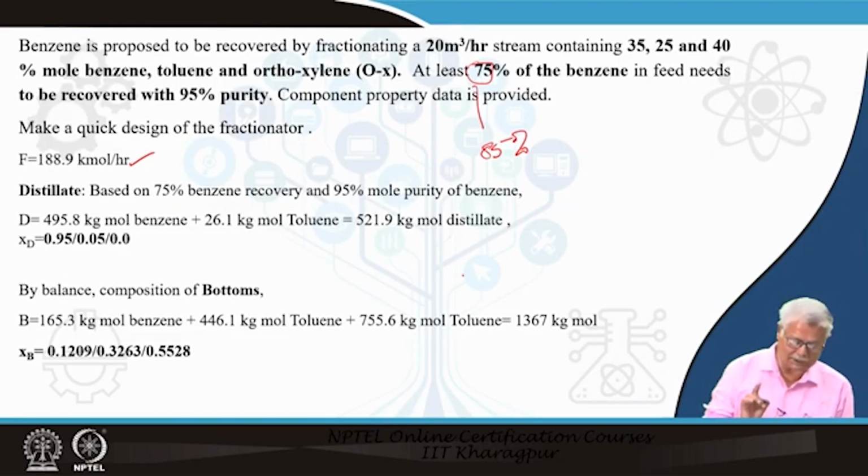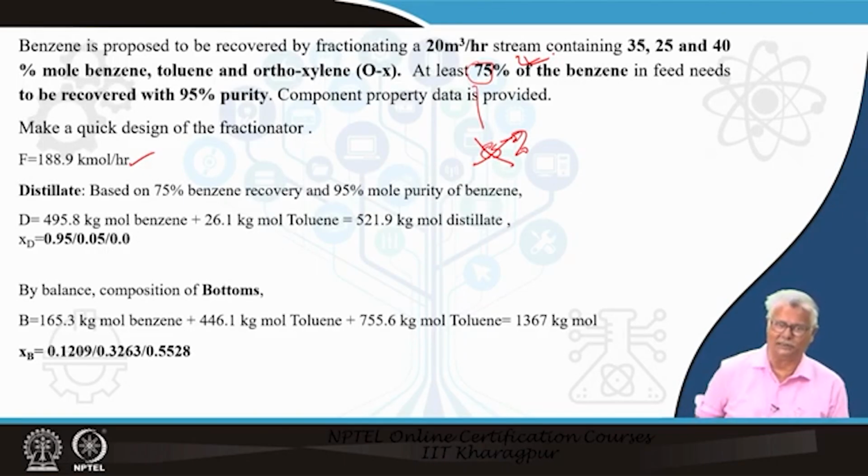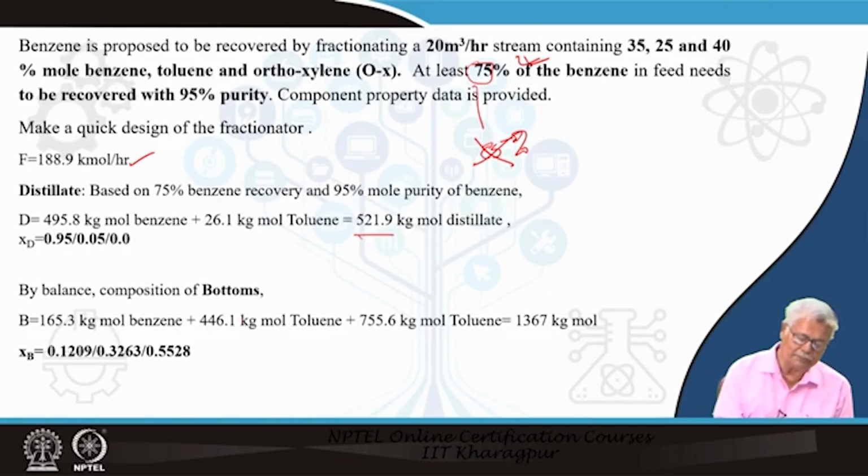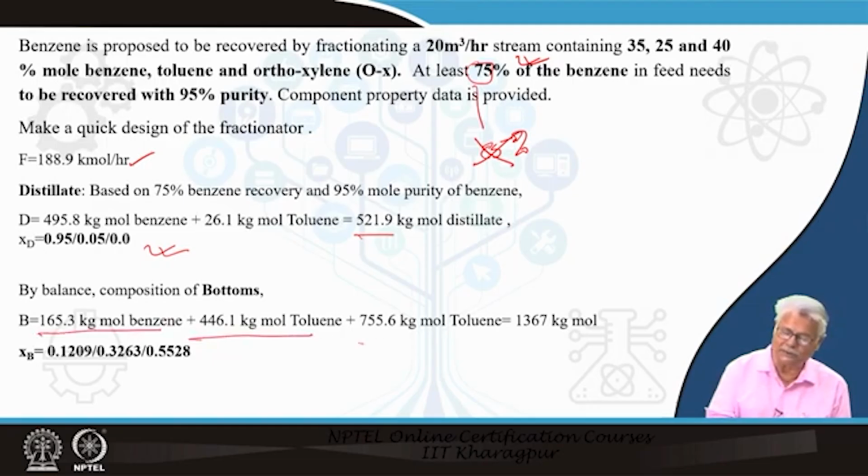In fact, I will make one more correction here, that this is not 85, this is worked out based on 75%. 85% is the problem which was given in the first instance right at the beginning of this particular lecture. Now, we know the distillate composition which is here, the quantity is also known, and this is 0.95, 0.05 and 0, and by balance the composition at the bottom is also known, which is this much of benzene, this much of toluene and this much of this. The corresponding XP values are also given here.